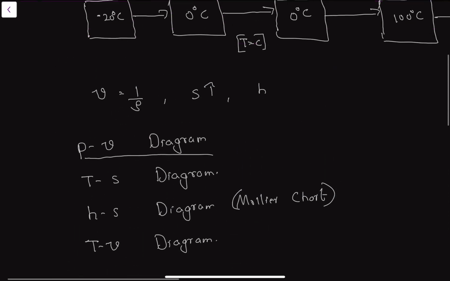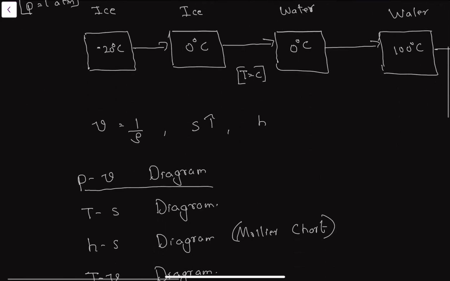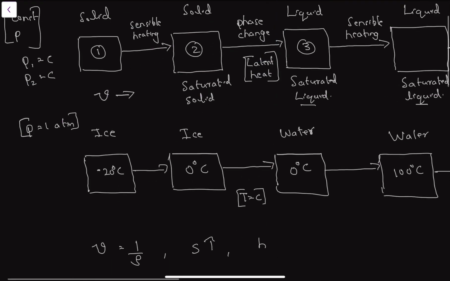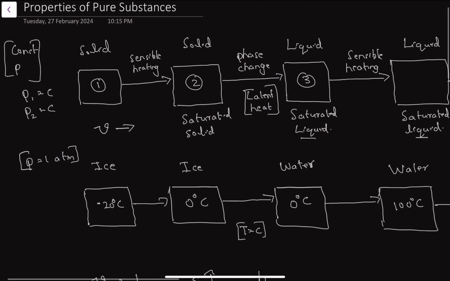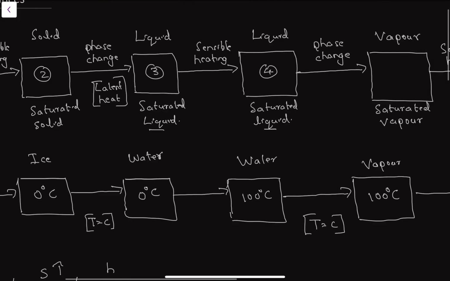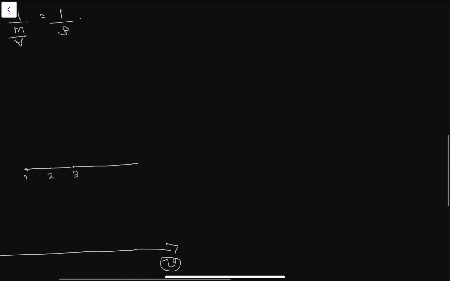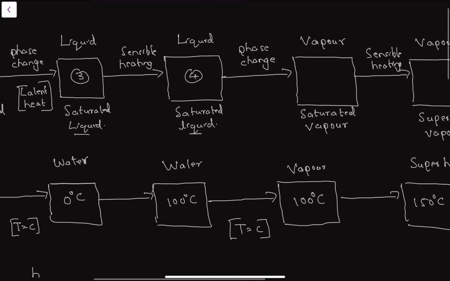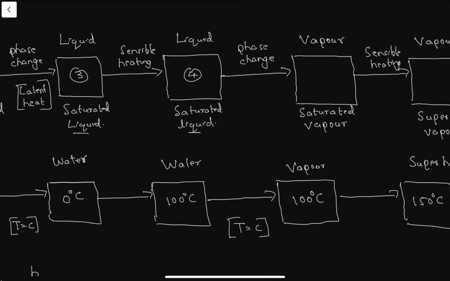Now it is heated again, from 2 to 3, so it is getting converted to liquid. Again its specific volume increases. Then from 3 to 4, it becomes saturated liquid. And then the most important part: from liquid to vapor, it undergoes a phase change process.